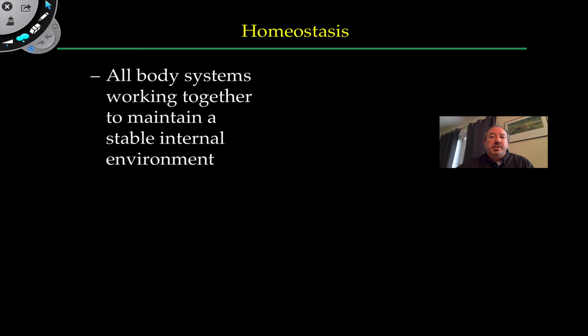When calcium is low, calcium is released from the bones where it's stored. Sometimes bones will be needing calcium, so we need to take that in from the outside in the form of food. We're always trying to maintain our internal environment, homeostasis. And basically, in a nutshell, all the systems perform in order to maintain homeostasis.